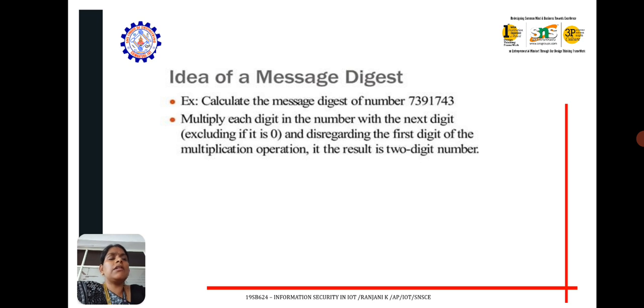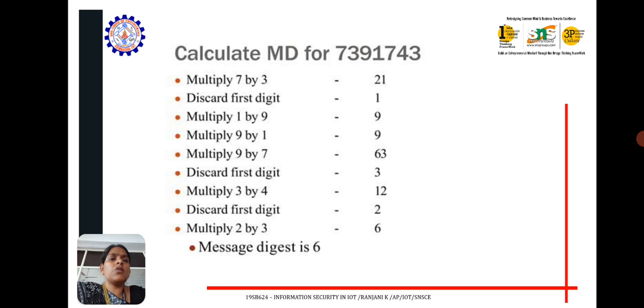This is something we do in digital electronics. Let us see how it is calculated for the given number. Multiply 7 by 3, that is 21, discard the first digit, and the remaining digit is 1.